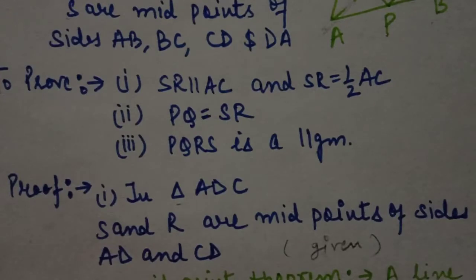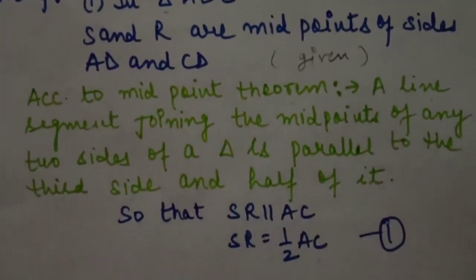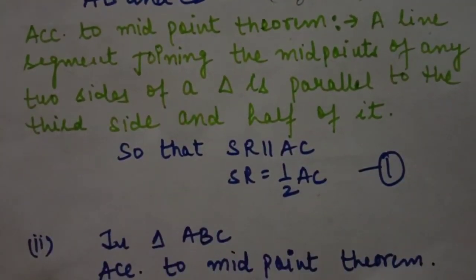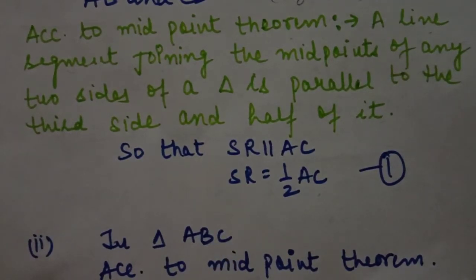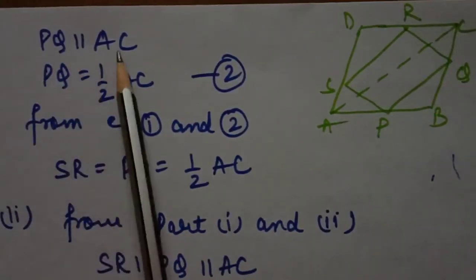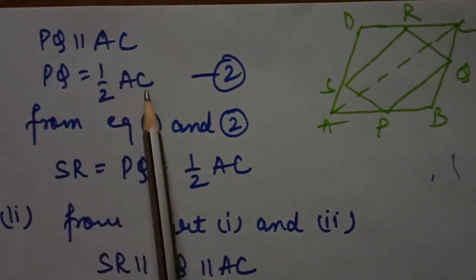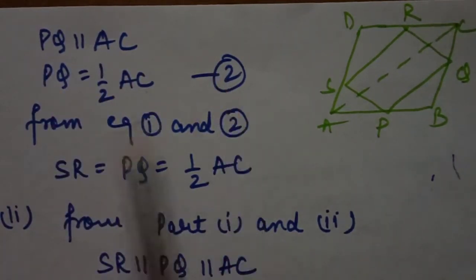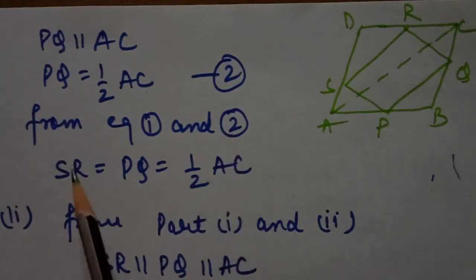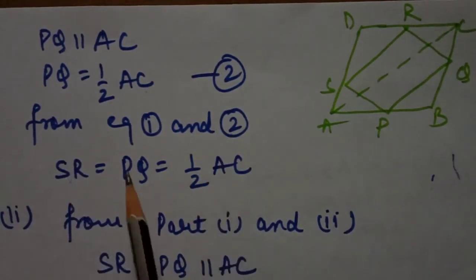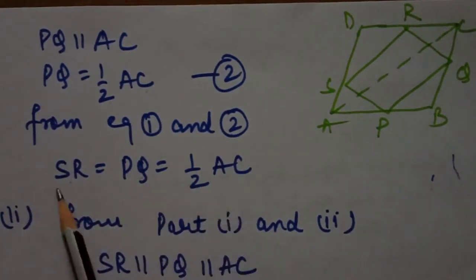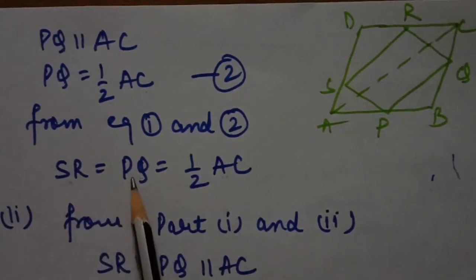So we will apply the midpoint theorem again in triangle ABC. According to the midpoint theorem, PQ is parallel to AC and PQ is half of AC. This is your equation number 2. From equations 1 and 2, SR is equal to half of AC and PQ is equal to half of AC. So definitely they both are equal to each other.